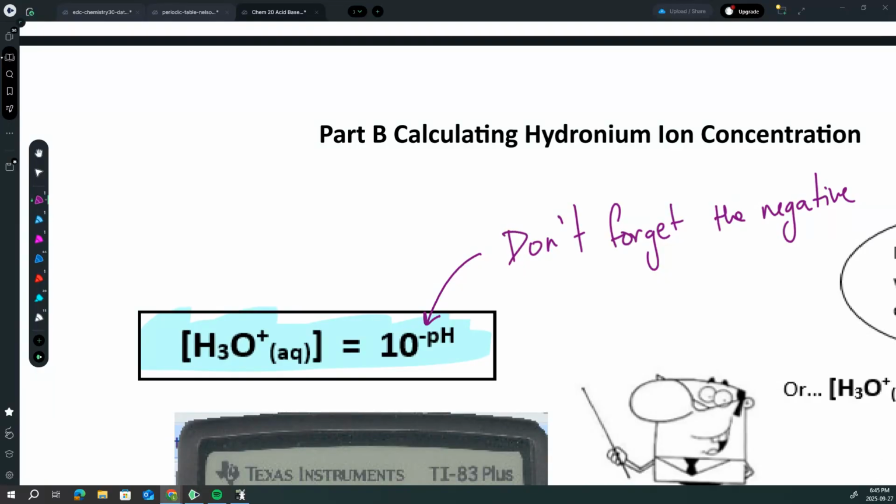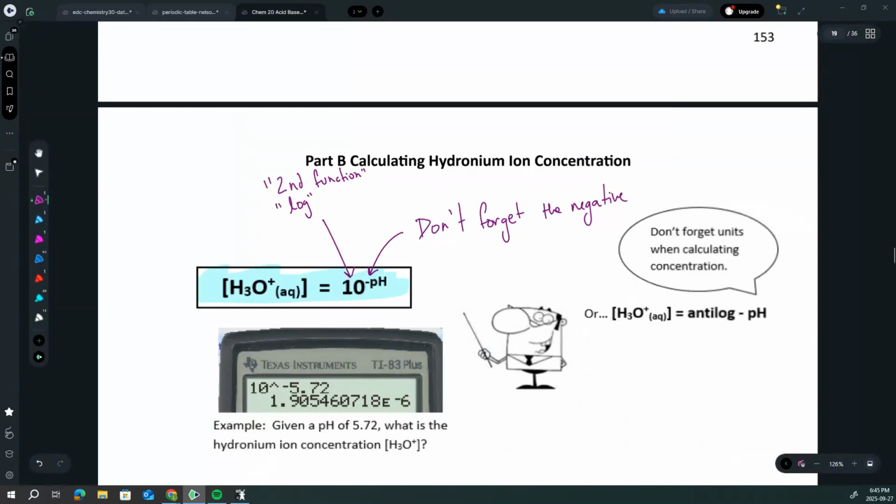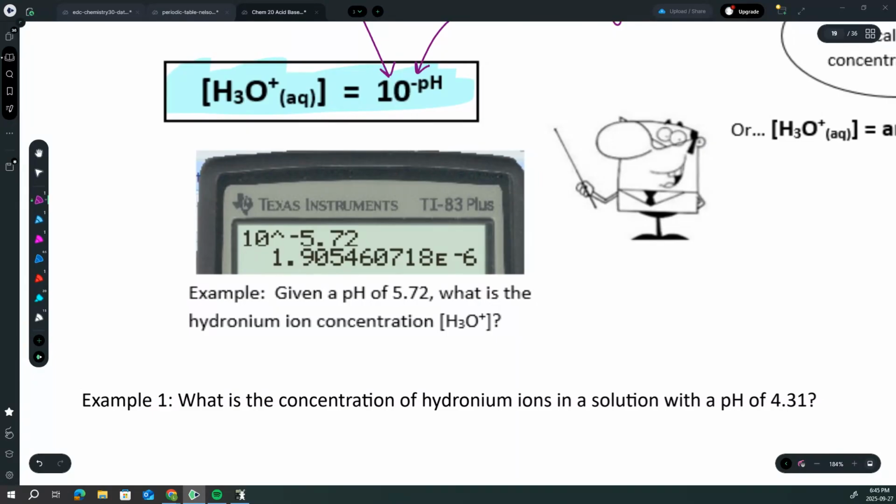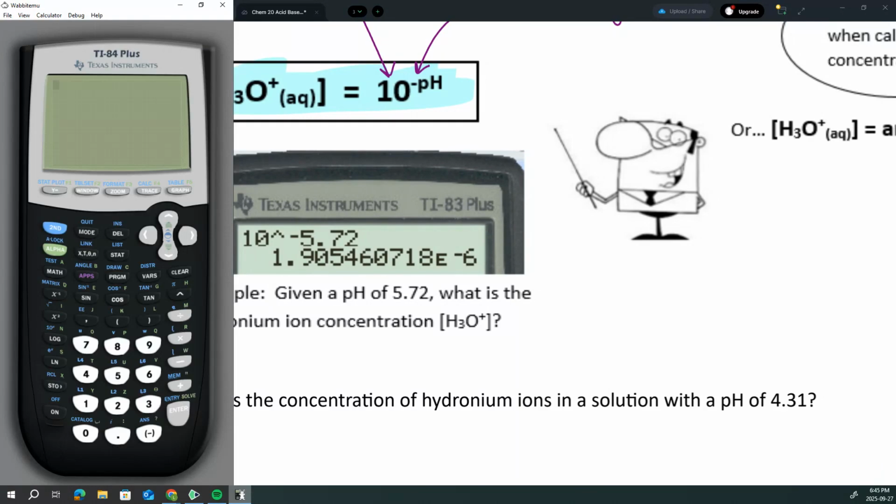And then I'm just going to write down what I said about getting that 10 to the power of: second function, and then log. So if I do this example, given a pH of 5.72, what is the hydronium ion concentration? I'm just showing you how I would put this in my calculator. First, I'm going to show you what it would look like if we didn't put the negative, so that you know what the dead giveaway is that you forgot something.